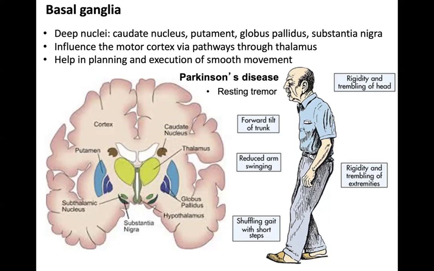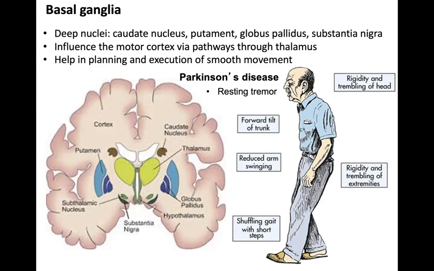Does anyone know what neurotransmitter is used in the basal ganglia? Any previous knowledge? Maybe you know that problems with the basal ganglia can cause Parkinson's disease. Does anyone know the name of the neurotransmitter used in the basal ganglia?